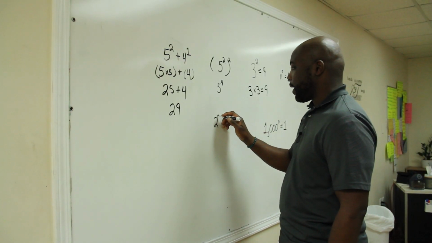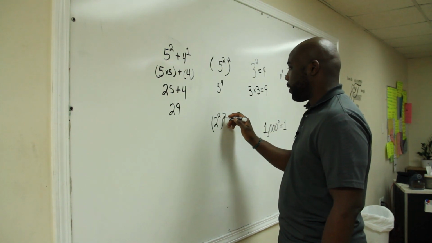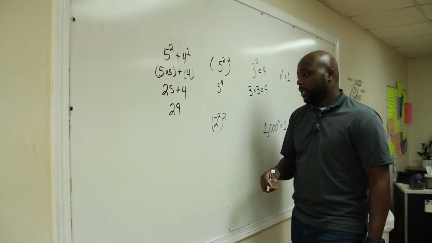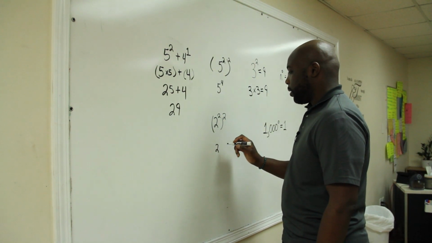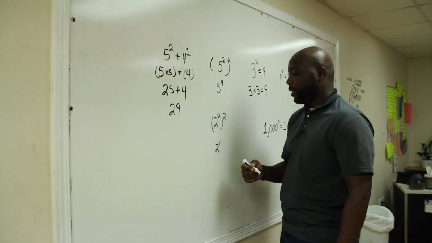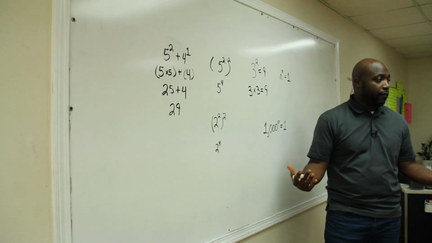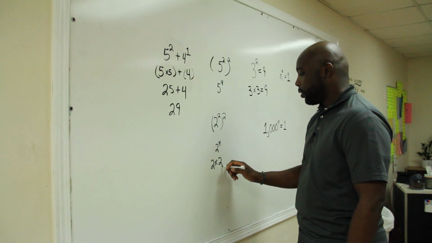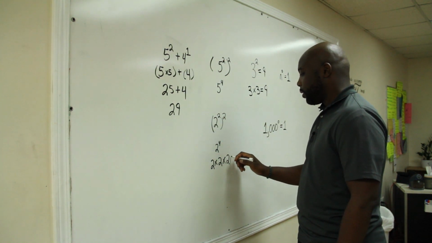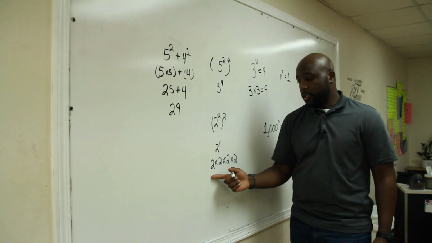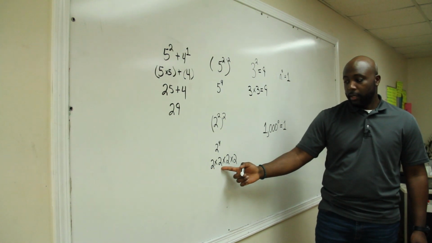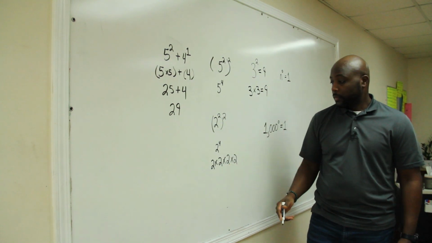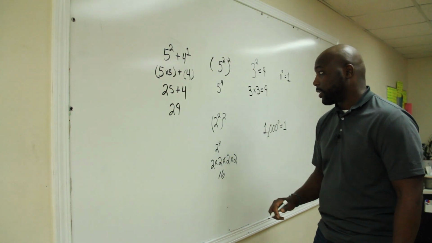If we have 2 to the 2nd with another exponent of 2 on the outside, we know that multiplying these two gives 2 to the 4th. And if we had to simplify it further, we'll just make it 2 times 2 times 2 times 2, which is 2 times 2 is 4, 4 times 2 is 8, and 8 times 2 is 16. So our solution will be 16.